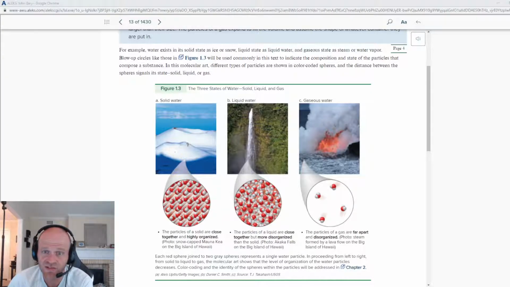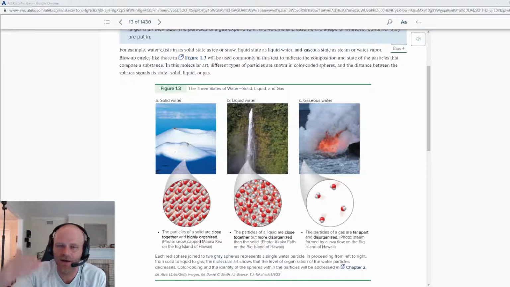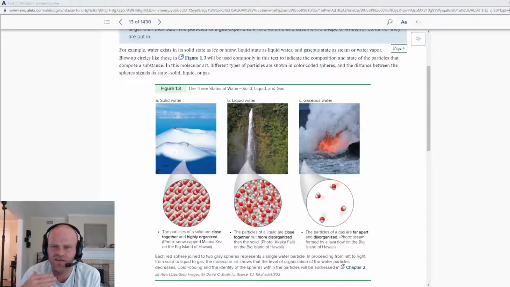The red ones are the oxygens, the white ones are the hydrogens. We haven't introduced the atom yet, so all of this kind of goes in a circle, and I have to explain one thing to explain another. I might play with this in the future and see if I can get a better order to cover these topics so that nothing's confusing.